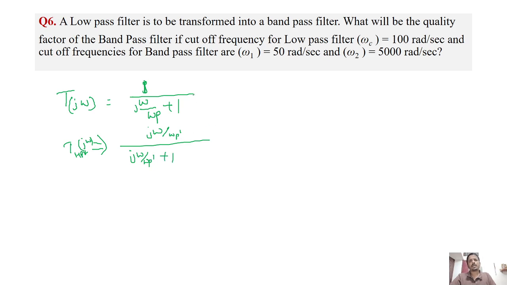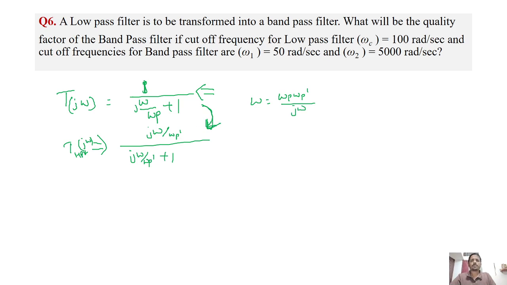So the question is what we need to substitute here so that I can transfer this to this equation. If I substitute omega equal to omega p into omega p dash by j omega, we can bring this to this particular equation.